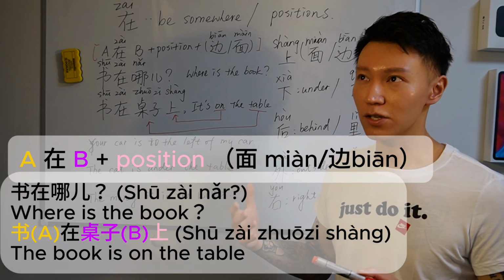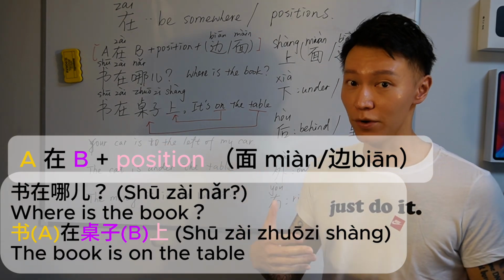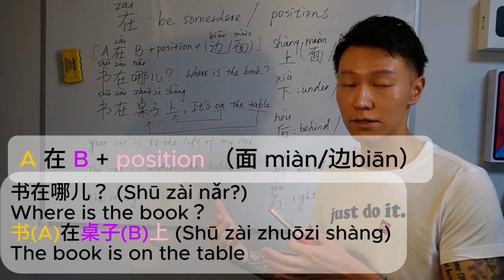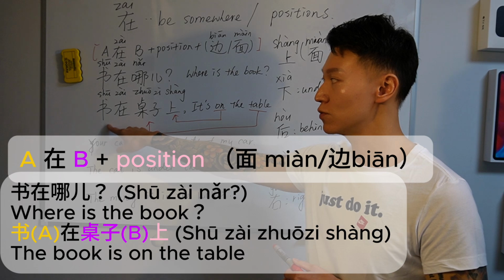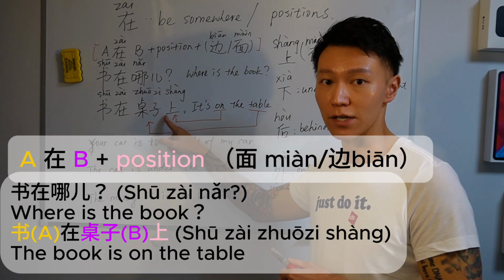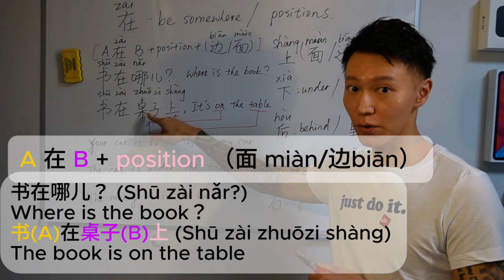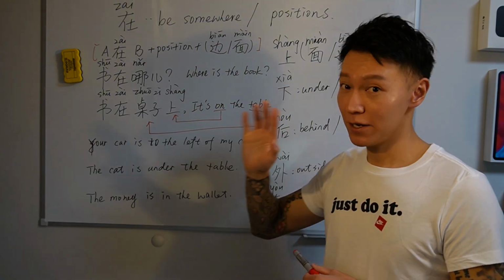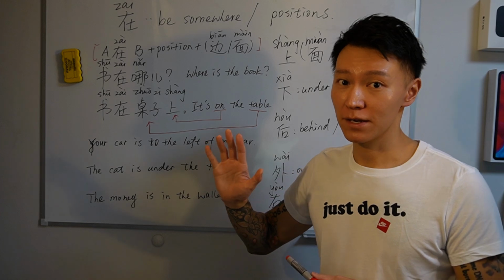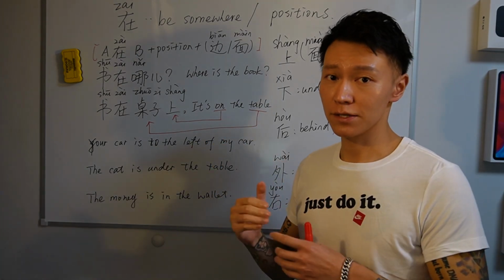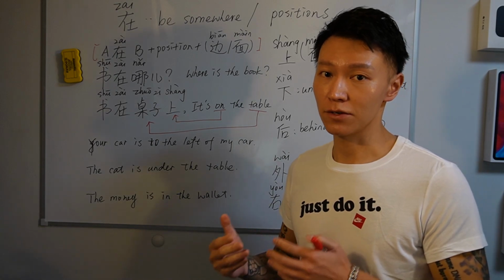So literally in Chinese we would say the book is table on. So it's like 书在桌子上. Okay, I know it's tricky for those people who speak English because it's a totally different sentence order, but as you practice more and more, you will finally get used to it.